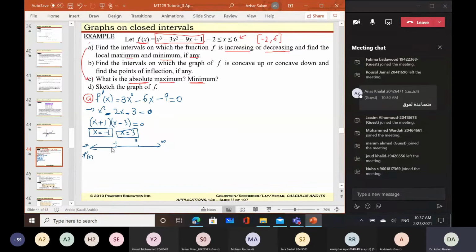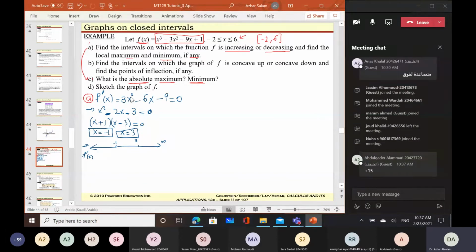I choose any number less than -1, for example -2, and substitute it here. -2 squared is 4, times 3 is 12, minus 6 multiplied by -2 will be plus 12, minus 9. Yes, it will be plus 15. So the sign will be positive.